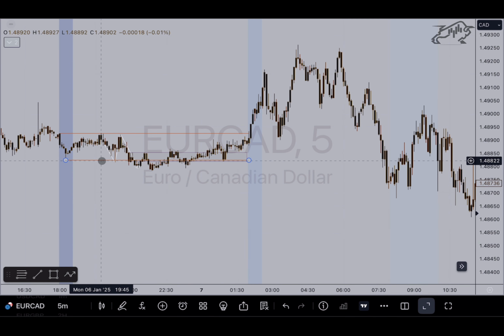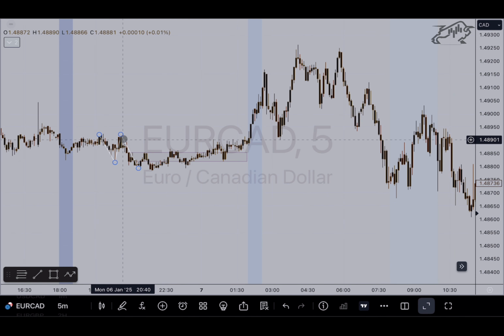And we can go ahead and remove this. We can remove this. We can also remove this, but I'm going to leave it on there so you guys can see this pattern, because that is what is really important. As long as you guys understand that we allow for the first 30 minutes to elapse, because we want the high and the low from that first 30 minutes, and we're going to reference that range, okay?